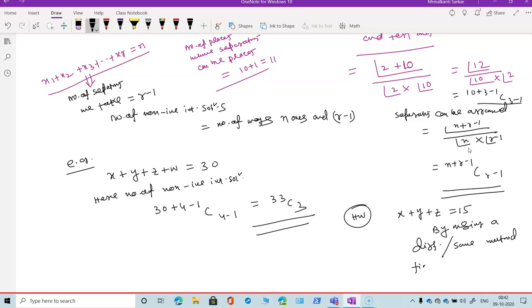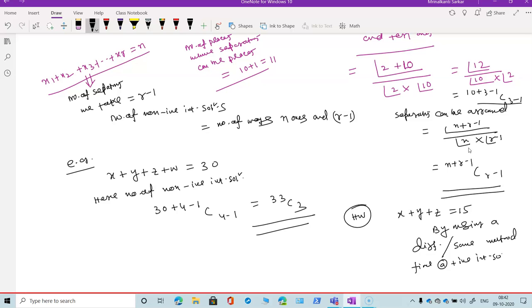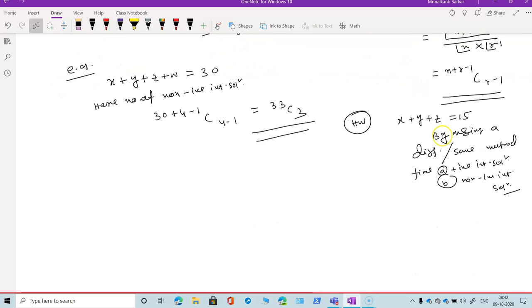Part A, find the number of positive integral solutions, and part B, find the number of non-negative integral solutions. Okay, several methods are there.